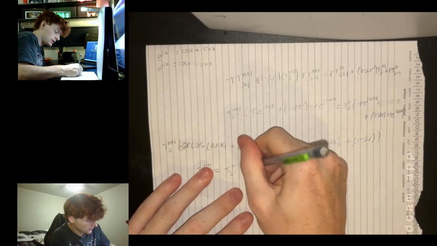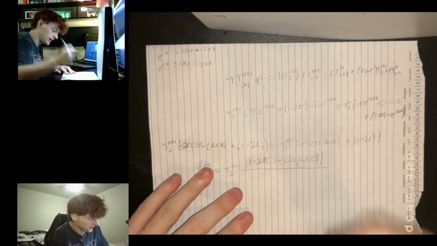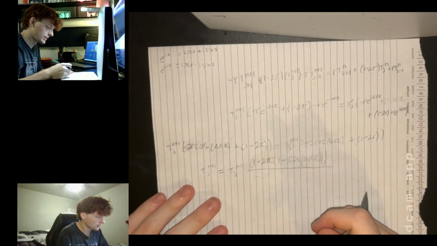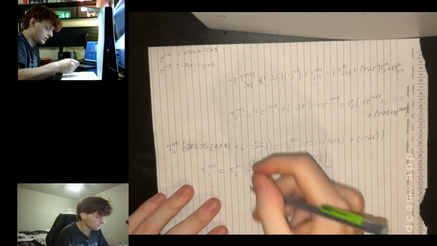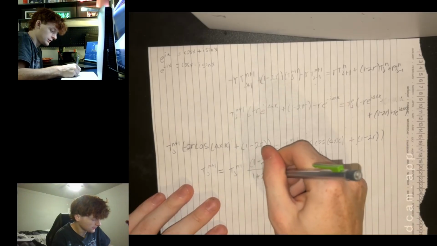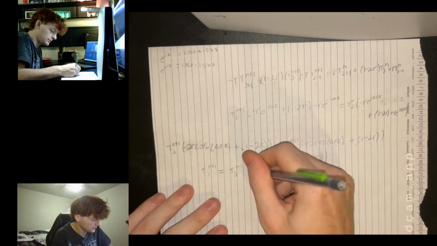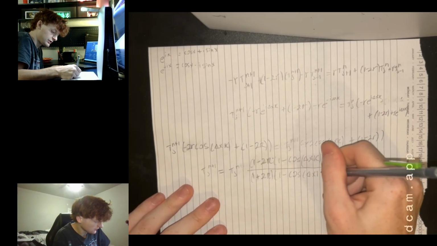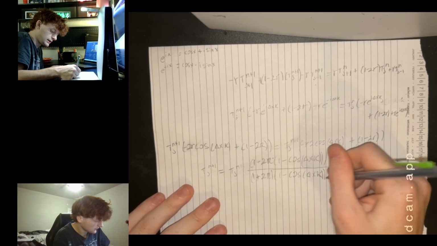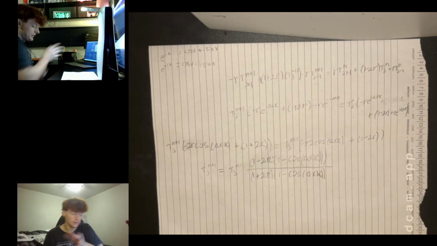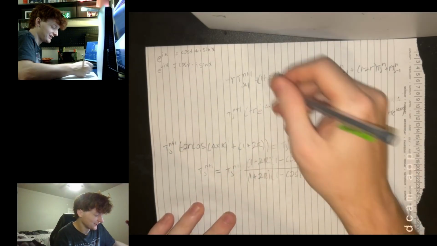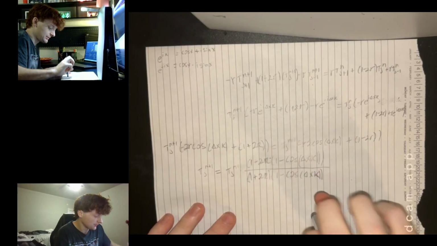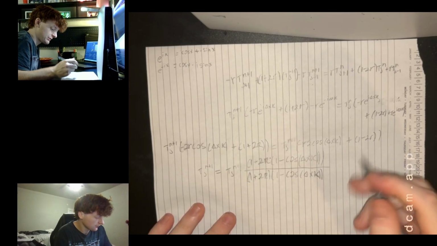It should be 1 minus 2r up top and 1 plus 2r on the bottom here, and then we'll have 1 minus cosine of change in x k here. Okay, that's it. I had something wrong, so these should be pluses right here. That's why I messed up on that. So yeah, the 1 plus 2r will be down here at the bottom. We factor this out of the cosines.